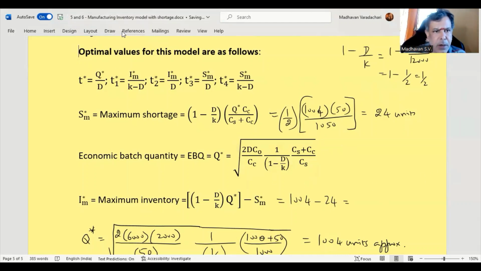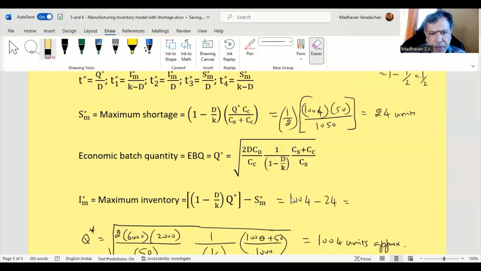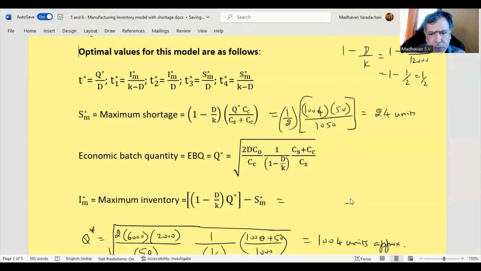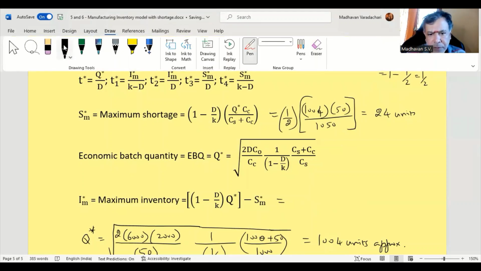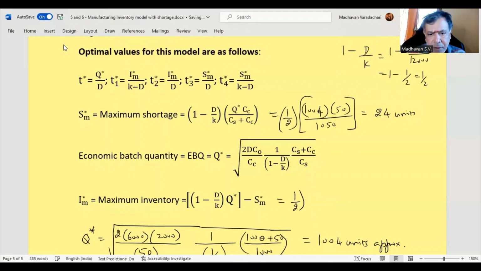Oh, sorry, here it is not 1,004. It is half times, because 1 minus D by K is also there. So we have half times 1,004 minus 24. Means this becomes 502. 502 minus 24, we get 478 units.